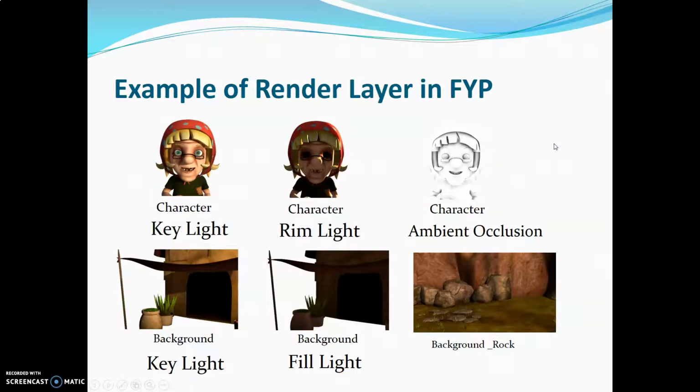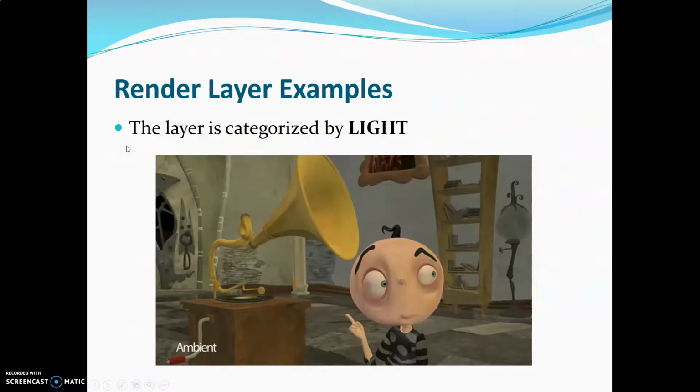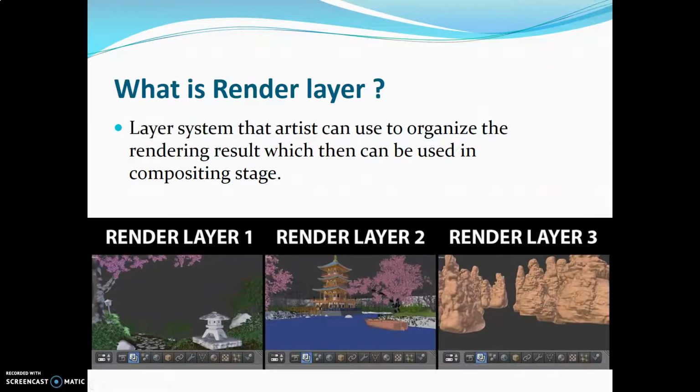Now, this is a very typical render layer setup if you do FYP, which you're going to be doing in year 3. People usually render a character on its own layer, and then render the background in a different layer, depending on the FYP spec and needs. You can also use this approach, you can also categorize by light, or categorize by the objects in the scene.